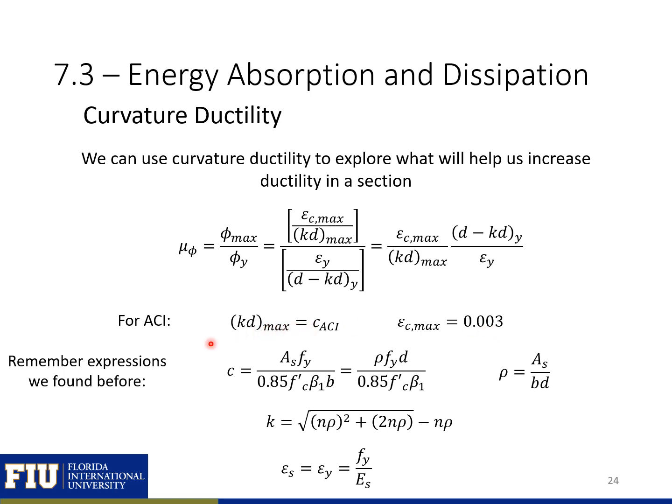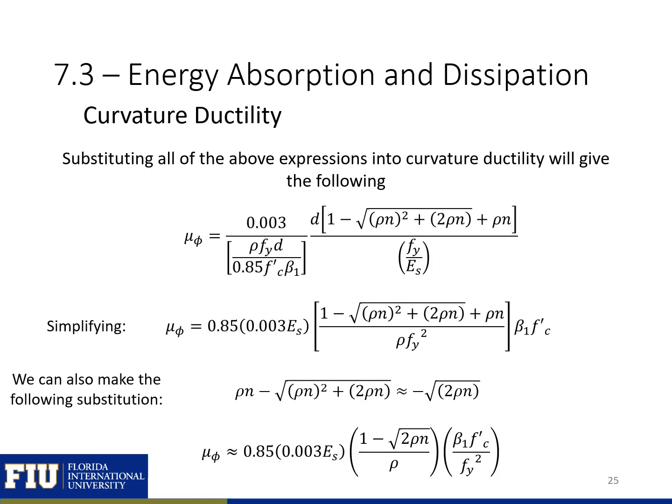We can remember how we found c, how we found rho, and our K equation that we found earlier as our elastic approximation here for our K. And then we can also remember our yield strain is just equal to fy over Es.